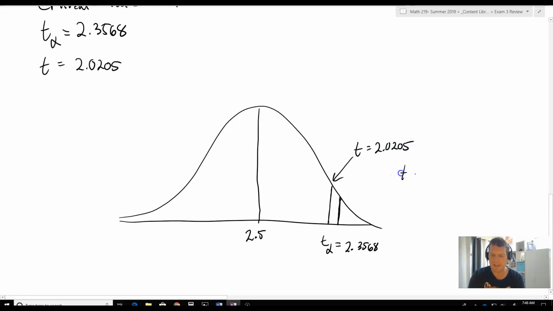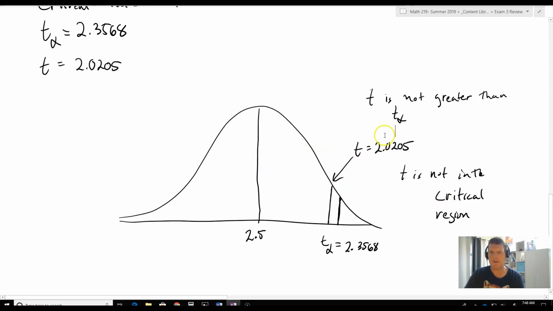Notice that t is not in the critical region. It's not past t alpha. t is not greater than t alpha. And so consequently, since t is not in the critical region, we're going to fail to reject the null hypothesis.